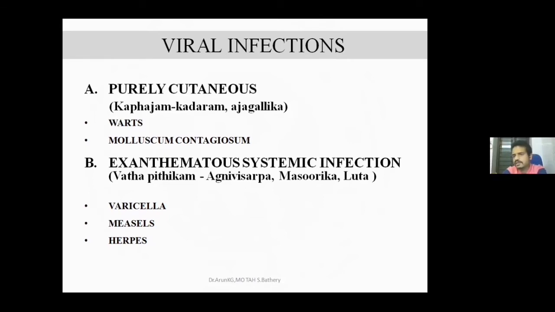So not spider bite only can be considered under Luta. This kind of vesicular or bullous lesions appearing as a result of internal pathology also may be considered. So these exanthematous systemic infections include varicella, measles, herpes, etc.